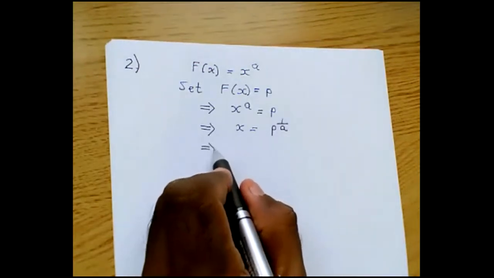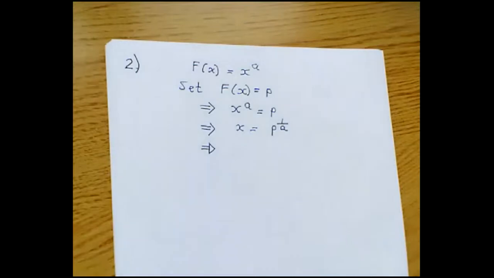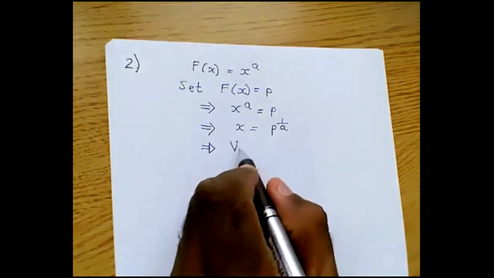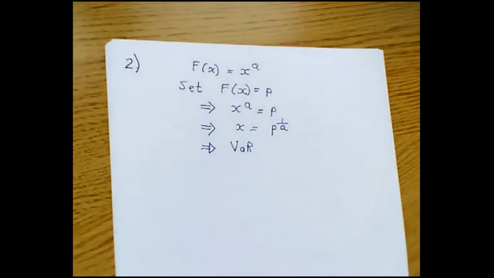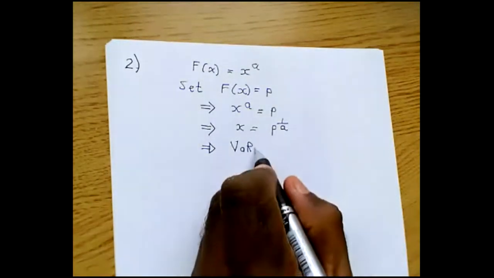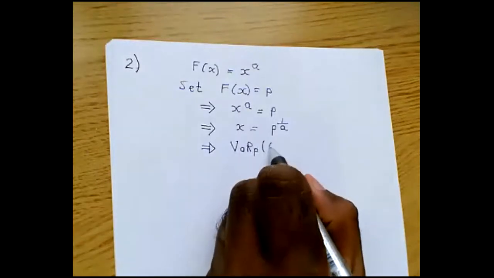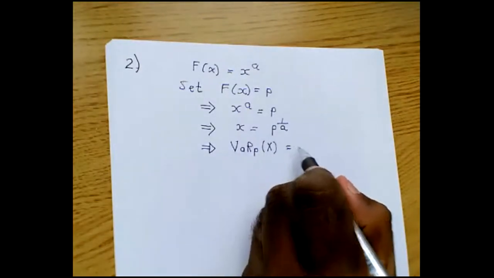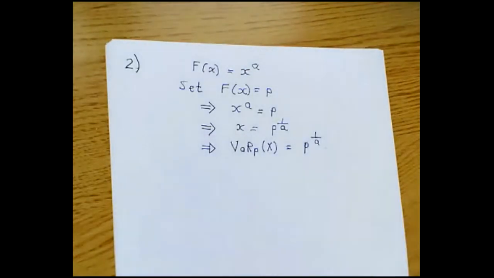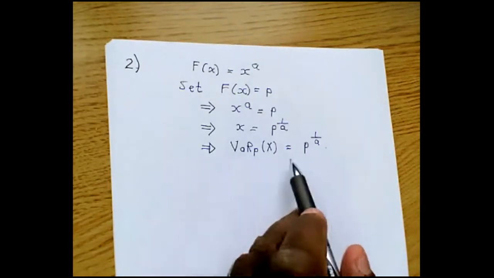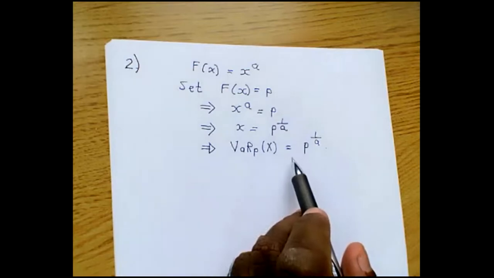And so this implies that the VaR... if you just arrived, guys, we are doing question 2 on the tutorial sheet. So this is the expression for value at risk for question number 2.